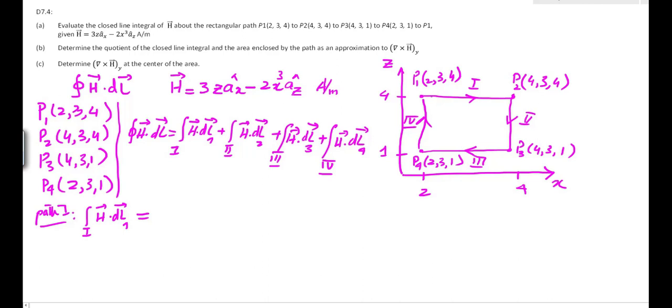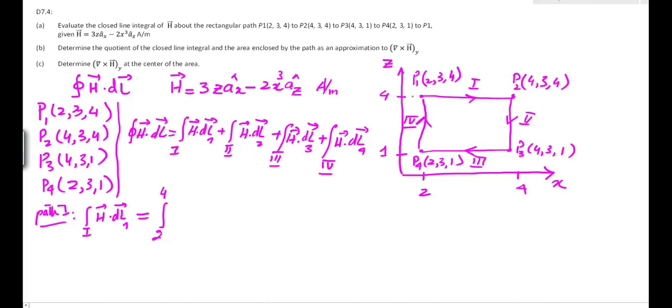So z is constant here, and the change in length is only in the x direction. We will consider the limits according to the direction. The direction is from point P1 to point P2, so x changes from 2 to 4.